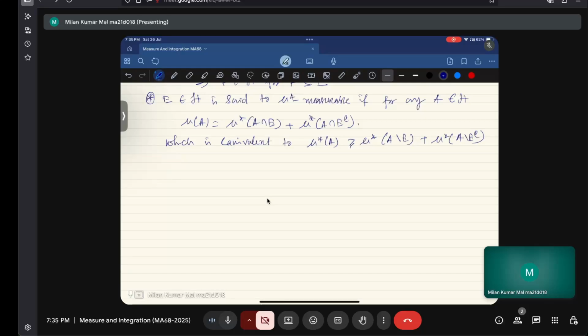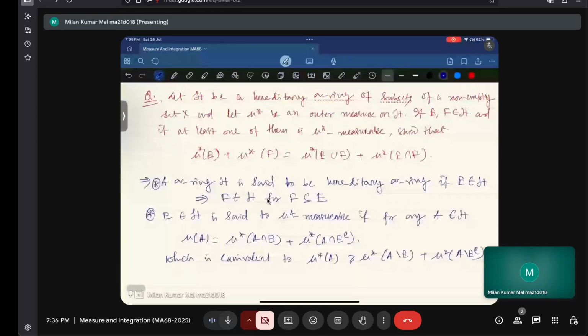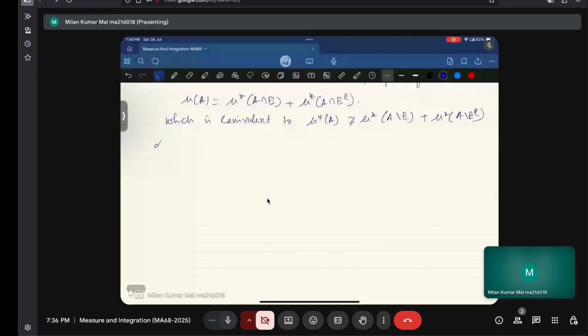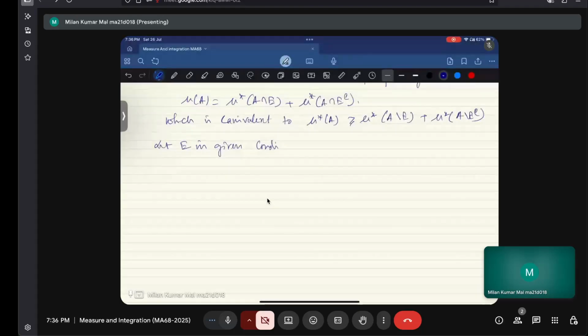So here it says if at least one of them, E or F, is mu star measurable, then so is the other. So let E, in the given conditions in the problem, be mu star measurable.